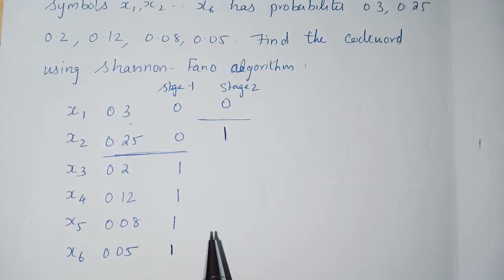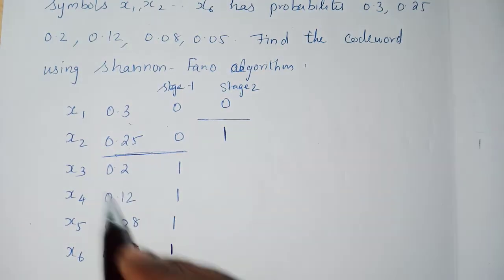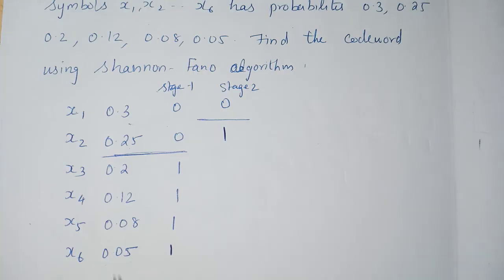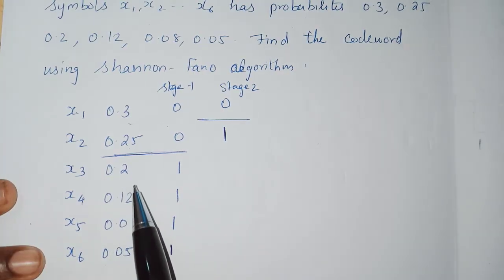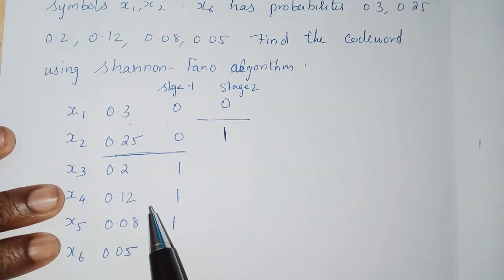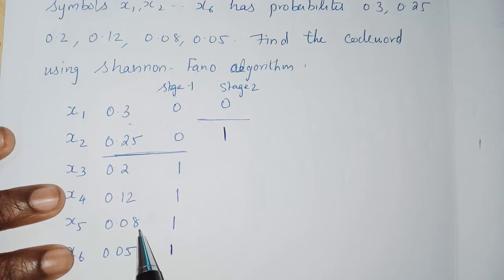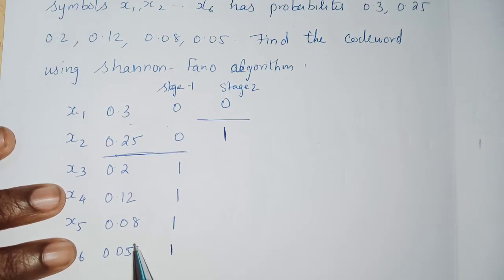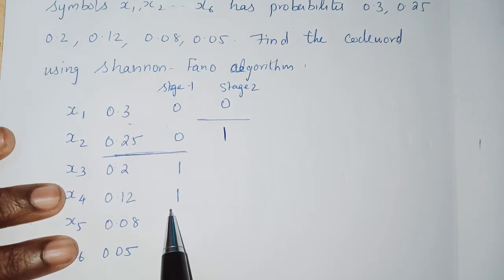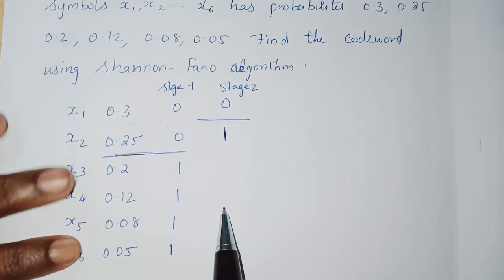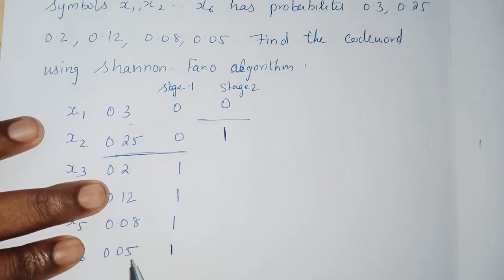Okay, now where should I split here? If we add the total probability, this should be around 0.45, right? So if we add 0.05 plus 0.08, it becomes 0.13. If I put a split here, just imagine this is going to be 0.32 and 0.13.